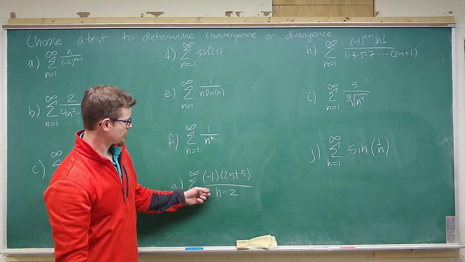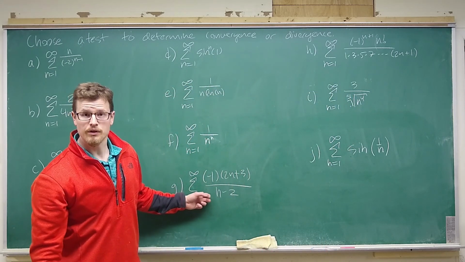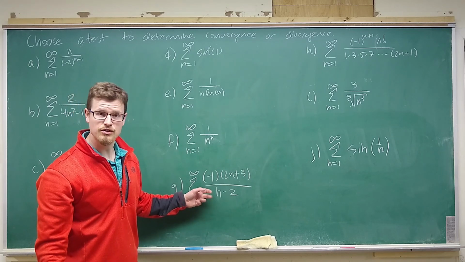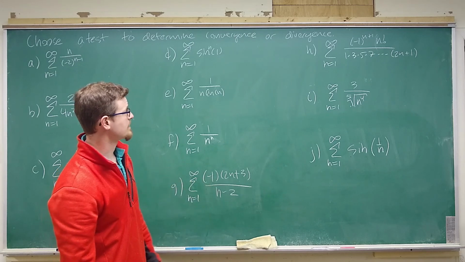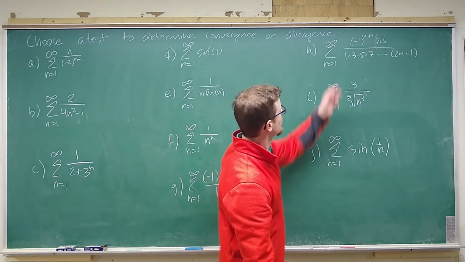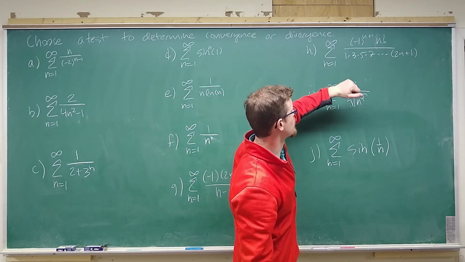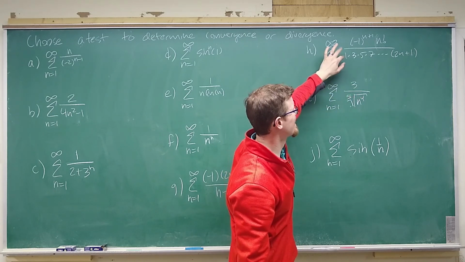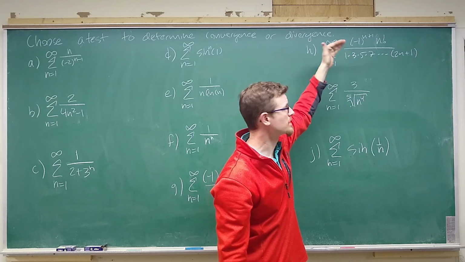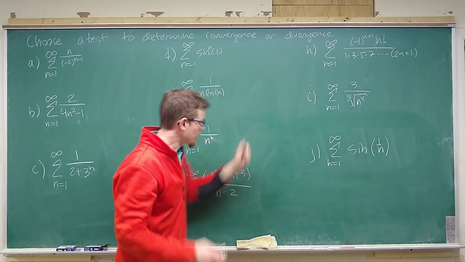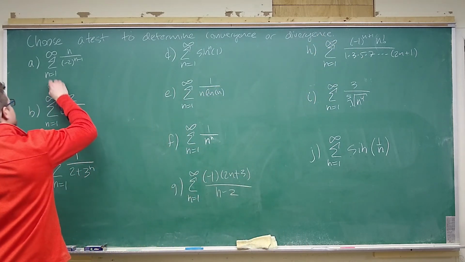Let's see, on this one, after a moment's glance, you might notice that the alternating series is inconclusive or does not tell us convergence. And then for this one, which is an alternating series, this is kind of messy and kind of hard to look at in terms of the n factorial over 1 times 3 times 5 times 7. So let's just say, all right, let's use the alternating test here.